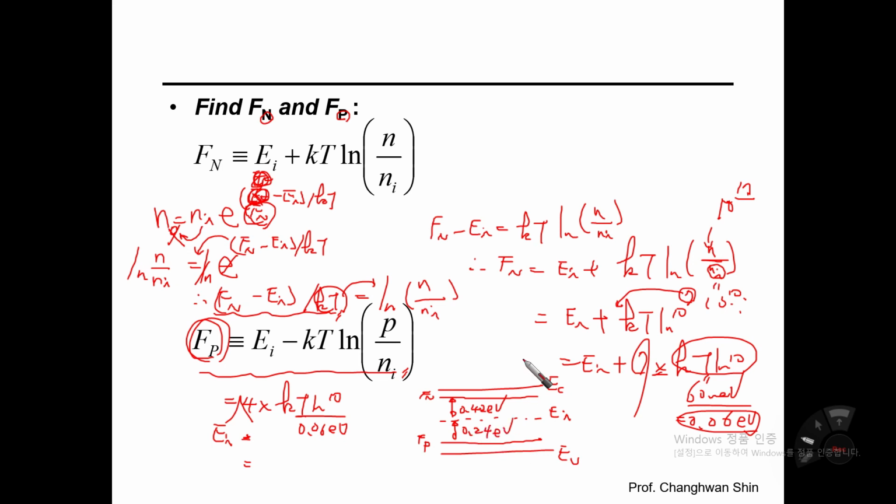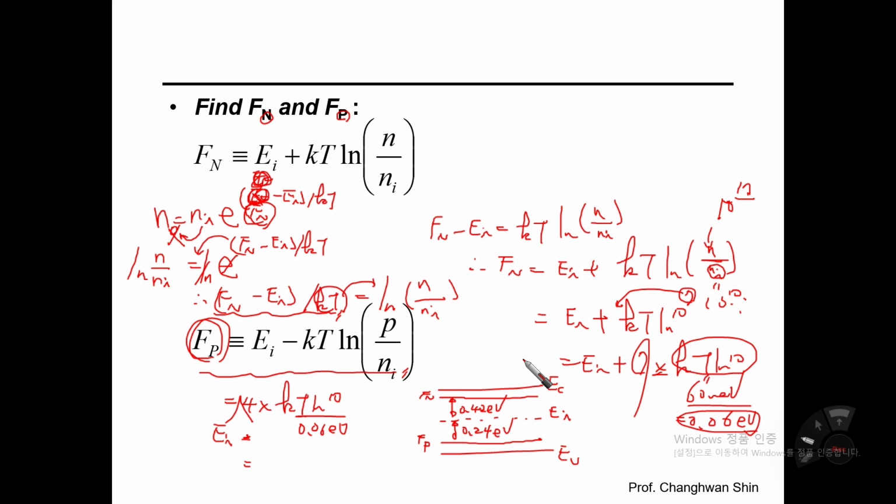Okay, so now since this n-type silicon material is not at thermal equilibrium, we're gonna have two different quasi-Fermi energy levels. At thermal equilibrium, we have a single Fermi energy level, but at non-equilibrium state, two different Fermi energy levels named as quasi-Fermi energy level.